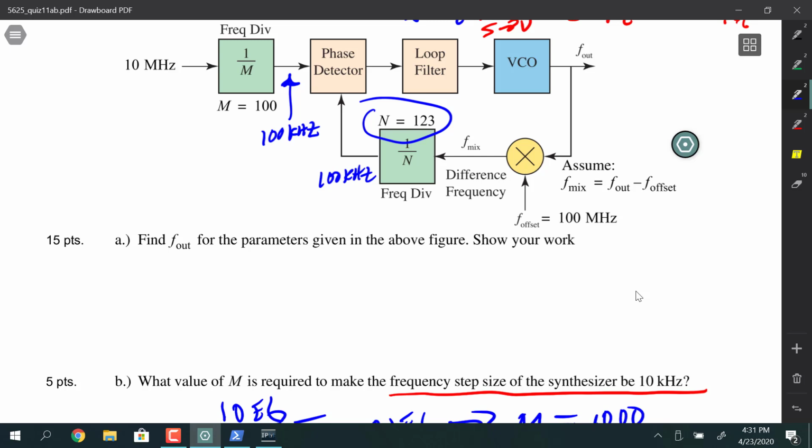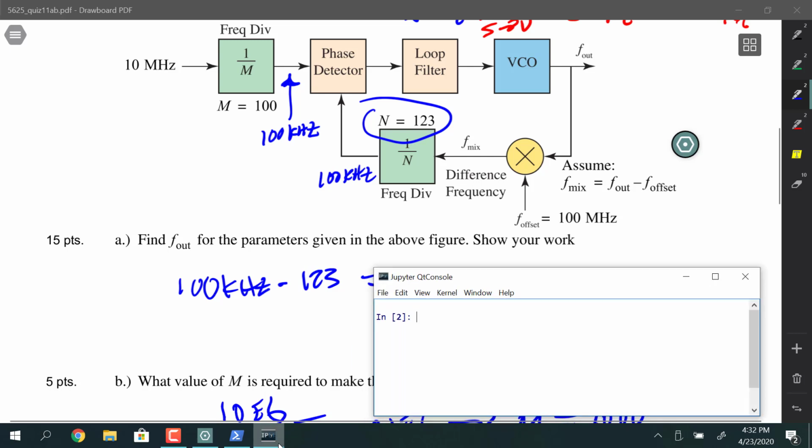So if I go to the other side of the divider from 100 kilohertz, I'm going to be looking at 100 kilohertz times 123, or 0.1 K times 123, and that'd be 12.3 megahertz. Make sense? I'm just writing it in megahertz right from the get-go here.